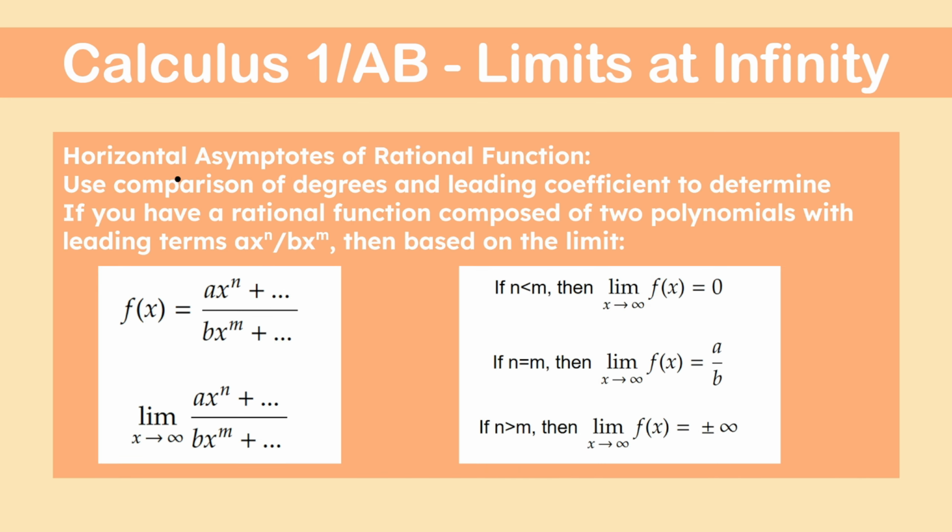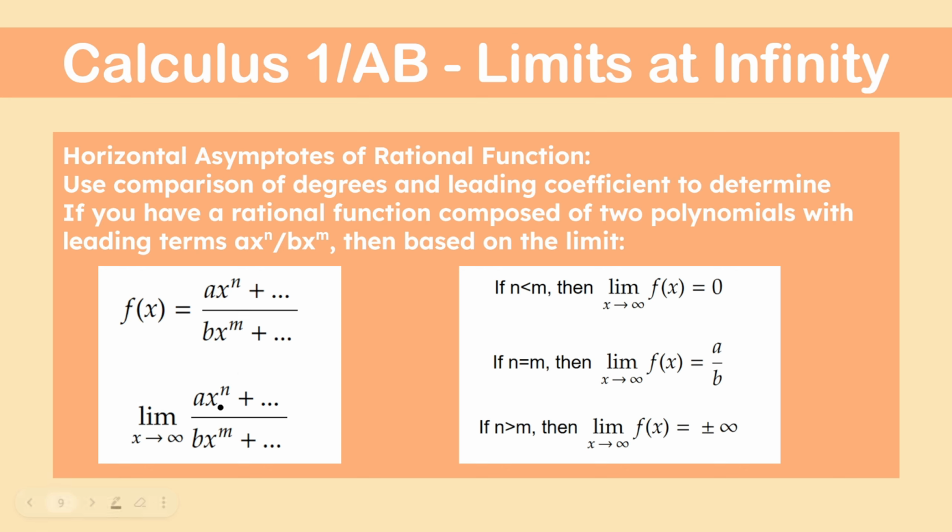Okay, so now let's talk about horizontal asymptotes of a rational function. So we're going to use comparison of degrees and leading coefficients to determine the horizontal asymptotes. So you have a rational function composed of two polynomials with leading terms of ax to the power n over bx to the power m.